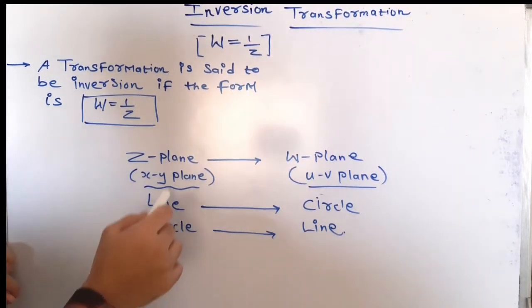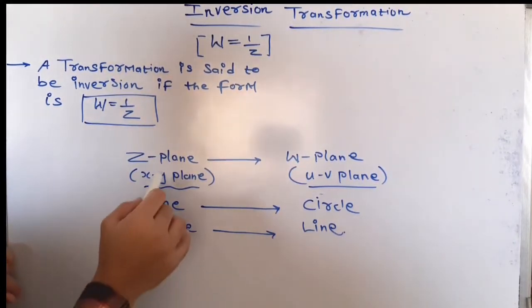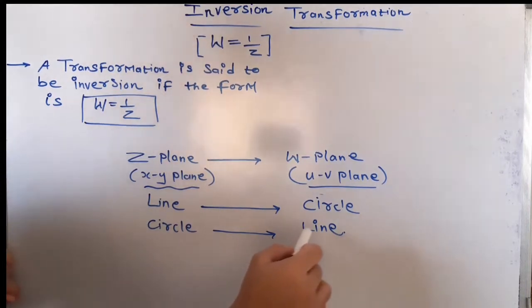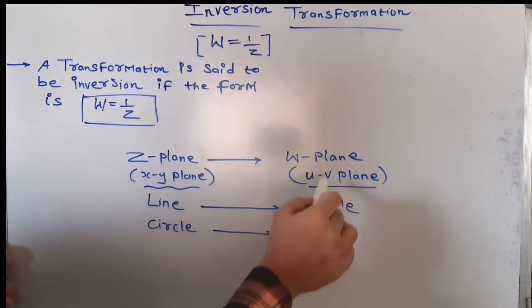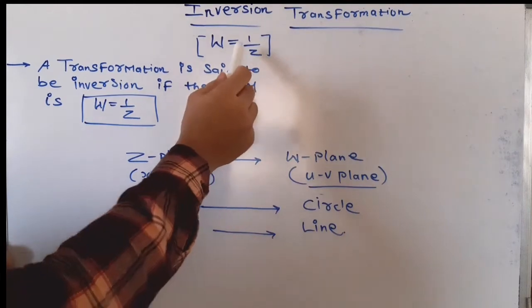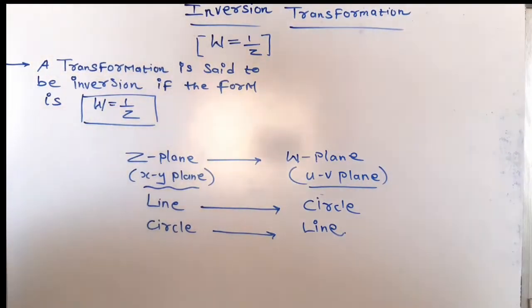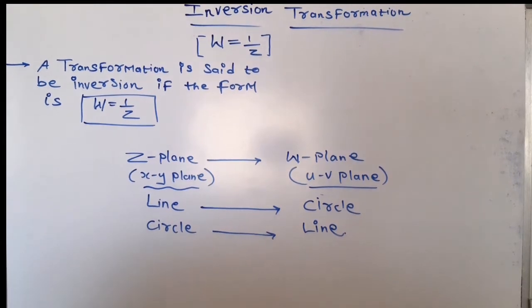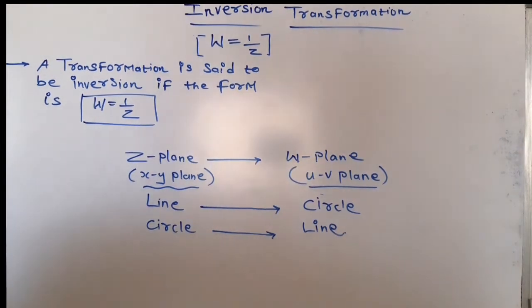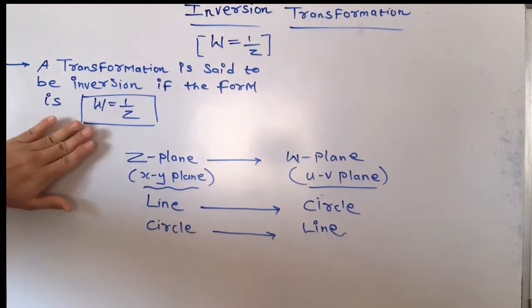And if a circle is given in the z plane, that is the xy plane, then we can convert it into a line of the uv plane, that is the w plane, by using the inversion transformation. Now we will discuss the inversion transformation in Cartesian form and in polar form. Note, this is an important thing.